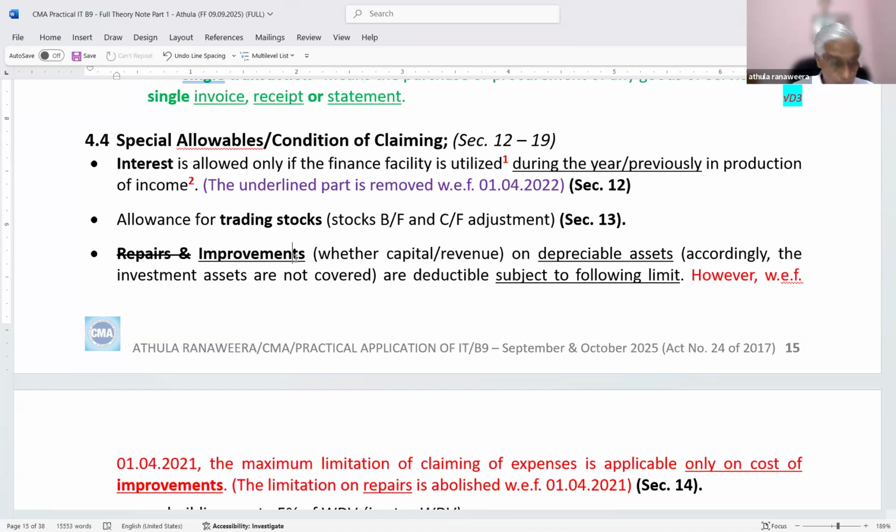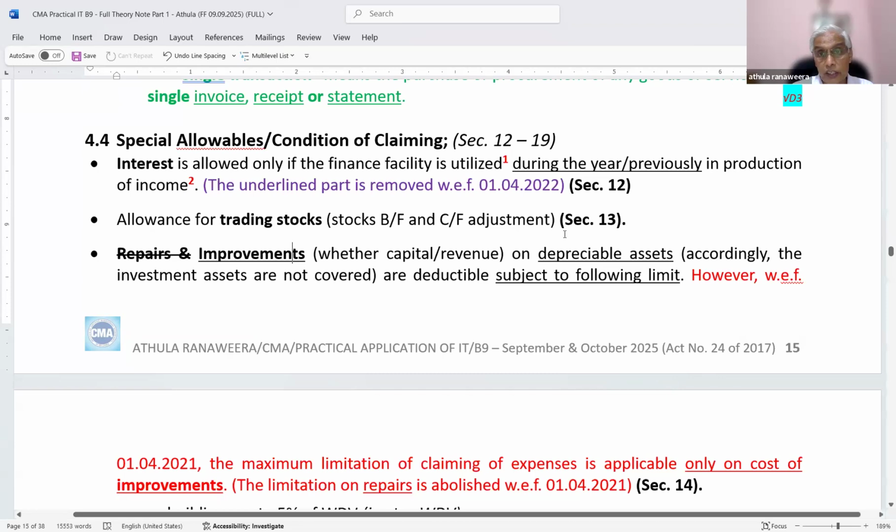Earlier we used to show the opening stock, add purchases, less closing stock, then arrive at the cost of sales. Likewise, we used to show those details also earlier. Right. Now, this section 13 explains that part.